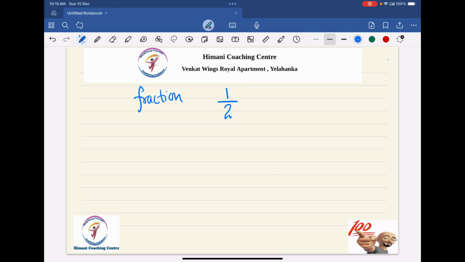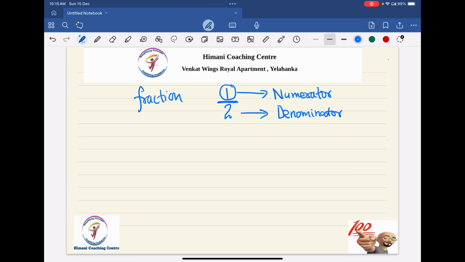Now there is this horizontal line. On top of it, 1 is written, and that is called the numerator. So in a fraction, the digit on top is called the numerator, and the digit at the bottom is called the denominator.